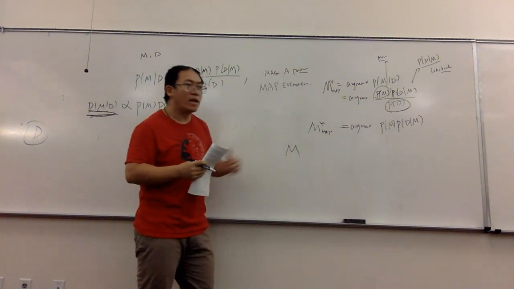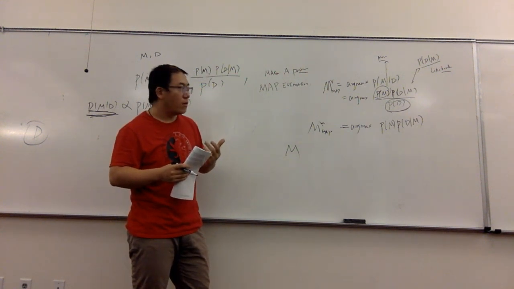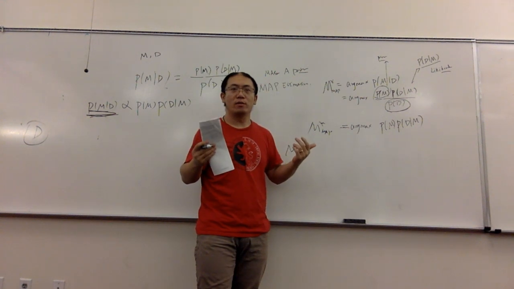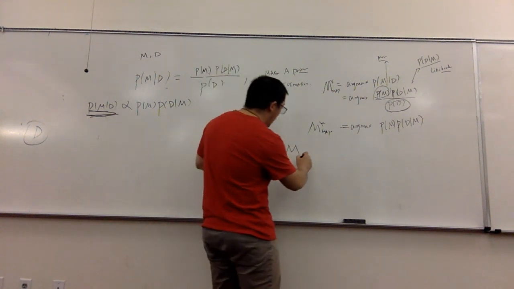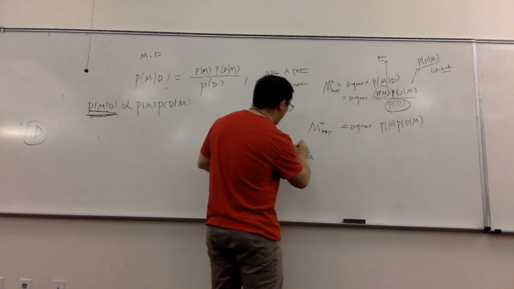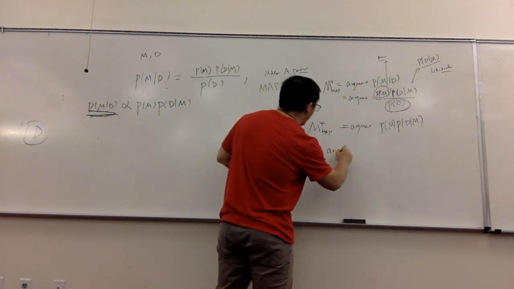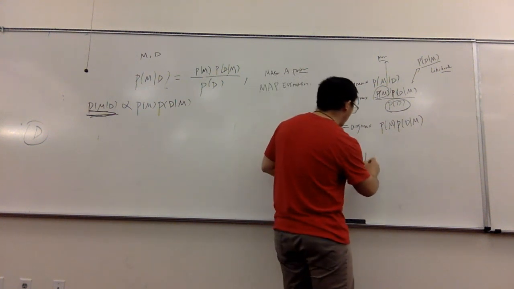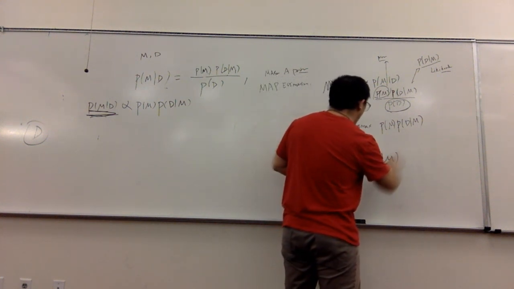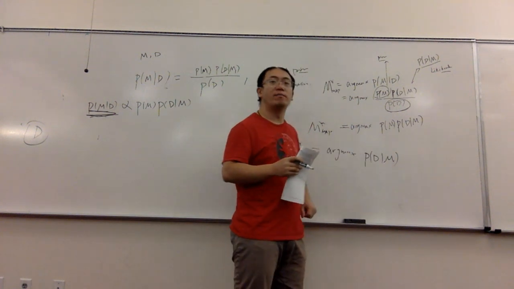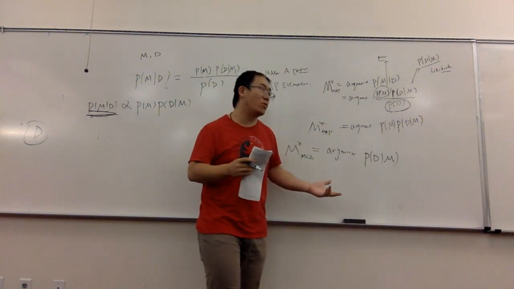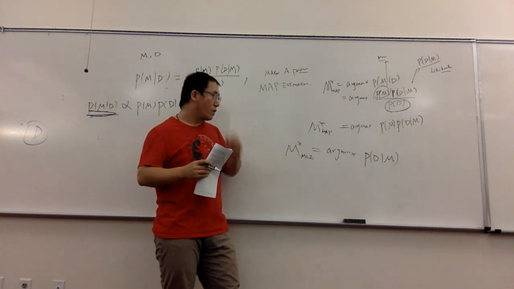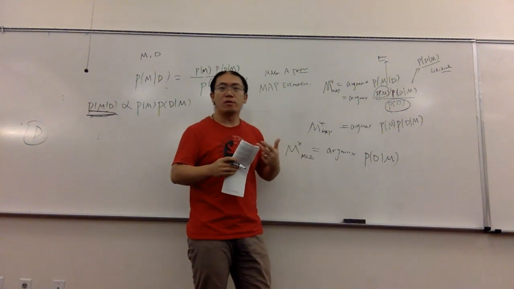If you have taken some statistics classes, the maximum likelihood estimator is a very commonly used, familiar term. The maximum likelihood estimator simply discards the prior term here. So it only maximizes the likelihood, namely the probability of the observed data D given the model M. So this is called maximum likelihood estimation. It ignores the influence of the prior.